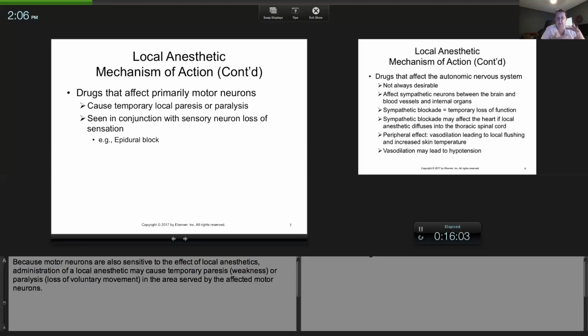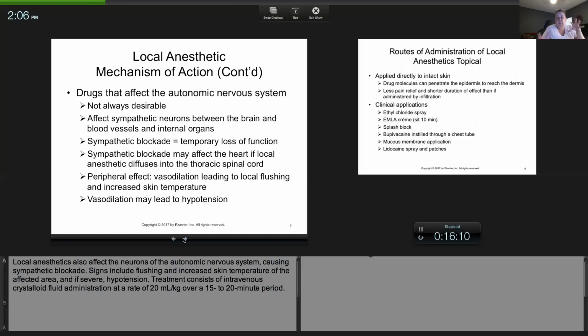Therefore, we can get that weakness or paralysis. And again, that's fine. Those dogs are typically in intensive care. We can clean them. We can help get them outside. It's not typically going to last more than 24 hours if the dog can't walk that night. It would be a very rare occurrence if the next day the dog could still not walk.